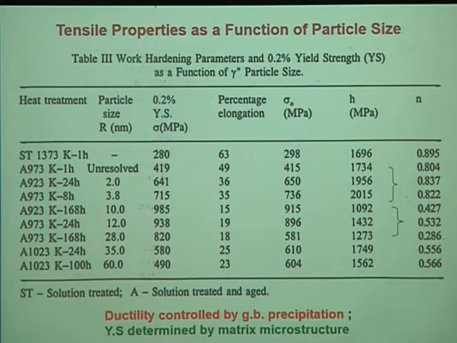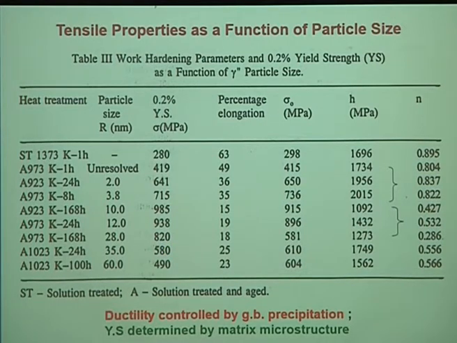These are the particle sizes. At room temperature, we try to find out the yield strength of the material. You can see that the yield strength of the solution treated alloy, which does not contain any precipitates, is around 280 megapascal. As the particle size increases, the yield strength increases, and then beyond a particular size the strength starts dropping down.